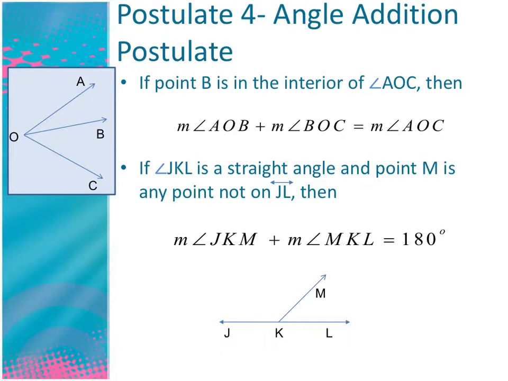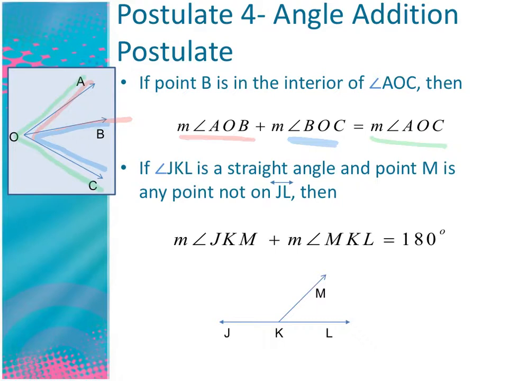So for this one, let's do them in smaller pieces. If I take AOB and I add that to BOC, that's going to give me the larger angle or measure of it, AOC.